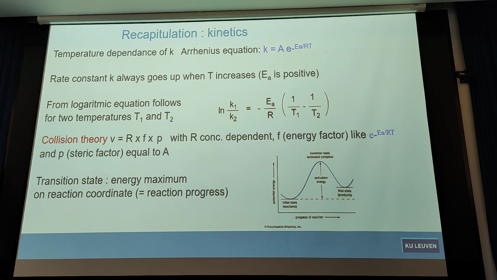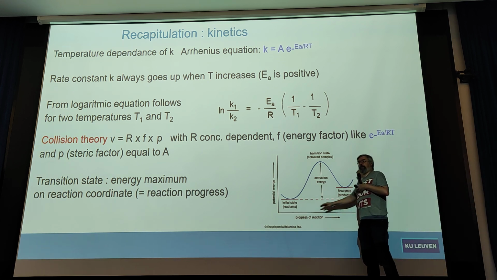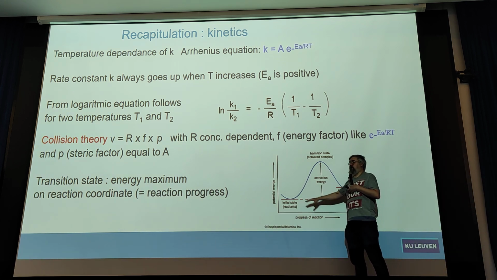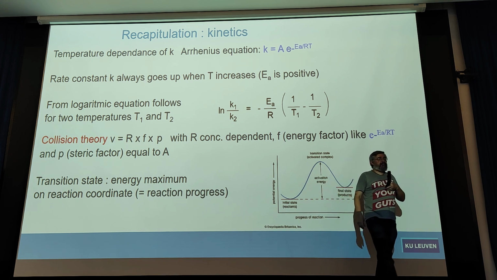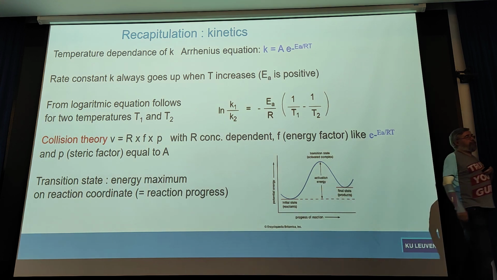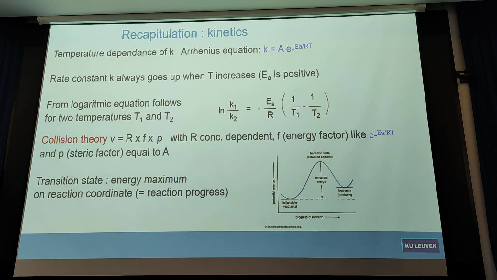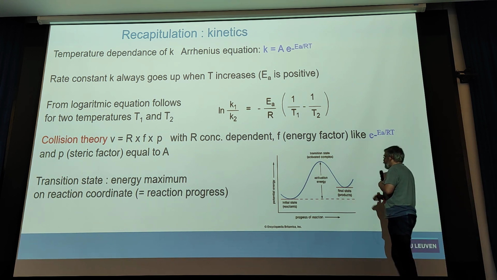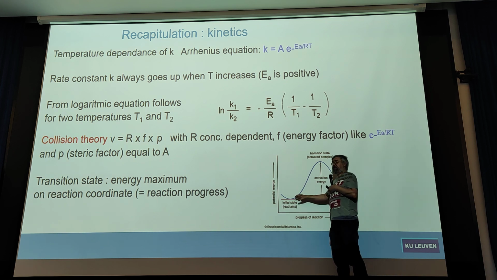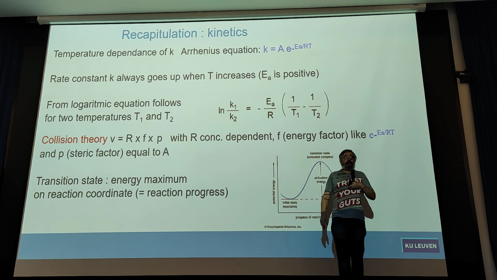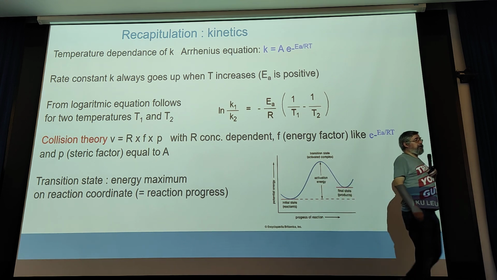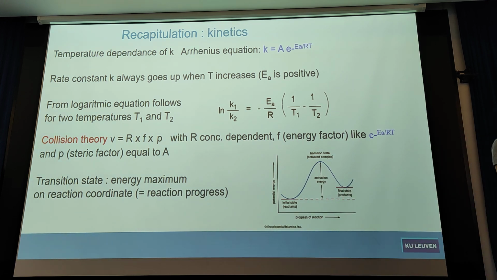So for the transition state theory, we have defined reaction progress as a function of the energy profile, and in fact the reactants and products are local minima on that profile. The transition state is a maximum on that profile. And to get to that maximum, you need to invest the activation energy.